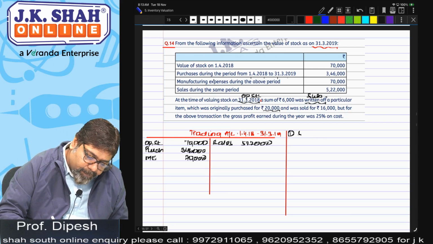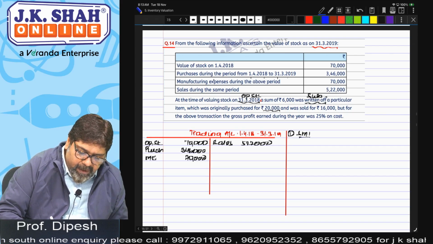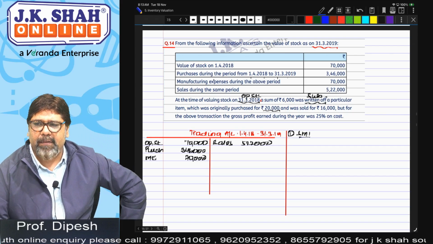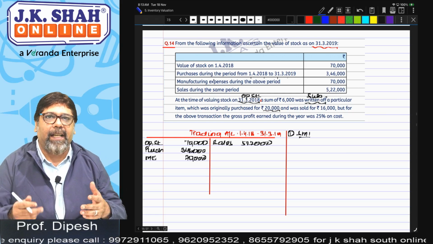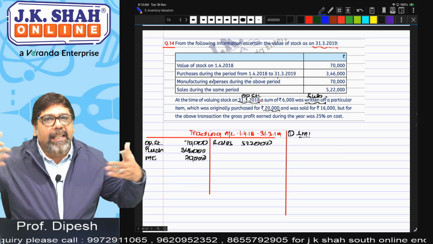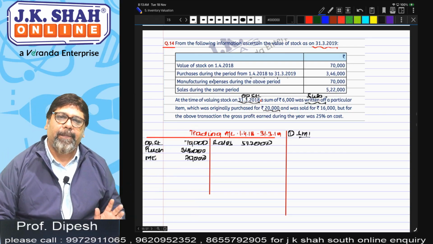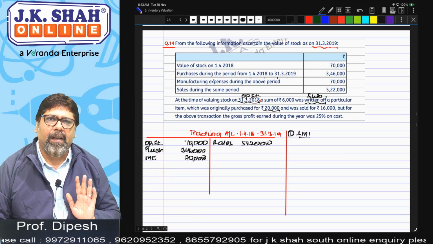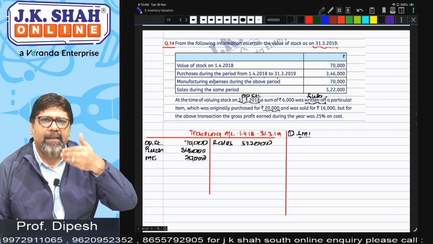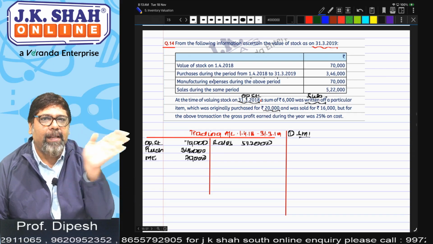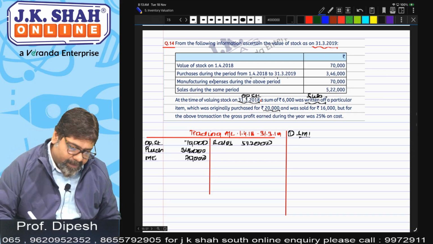So this is becoming a slow moving item. What is a slow moving item? That item which is not getting sold easily. That is why I am trying to value that item at below cost. Are you understanding? Now narrow fit jeans are not in trend. Straight fit jeans are in trend. So narrow fit becomes a slow moving item.